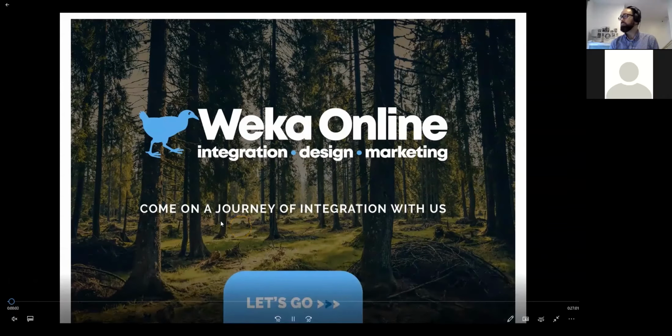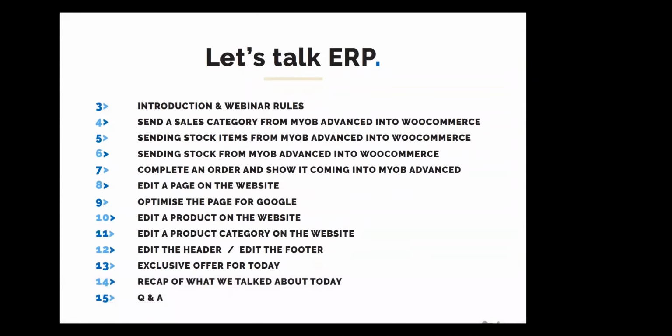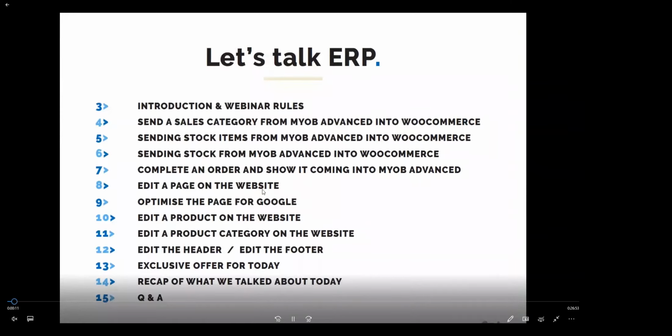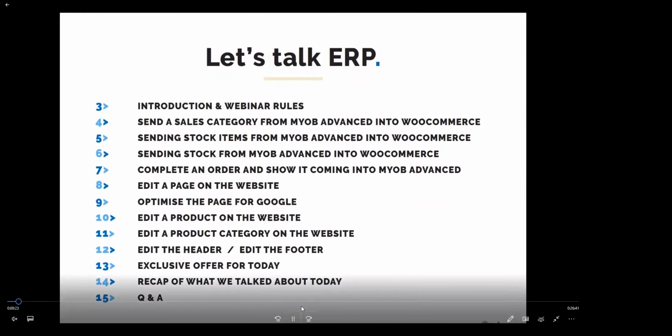So basically today we'll take you on a journey of integration, and to kick things off we'll do an introduction, go over the webinar rules, and then we'll look at sending a sales category from MYOB Advanced into WooCommerce, and then we'll look at sending stock items from MYOB Advanced into WooCommerce. And then after that, we'll look at completing an order and showing how it comes into MYOB Advanced.